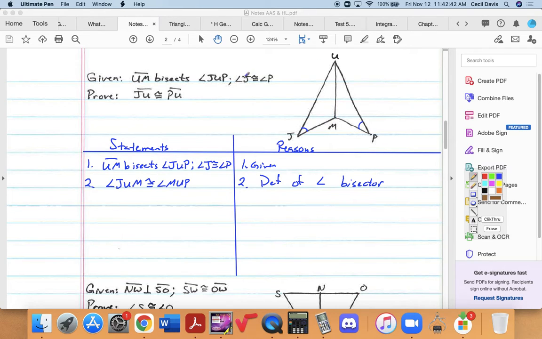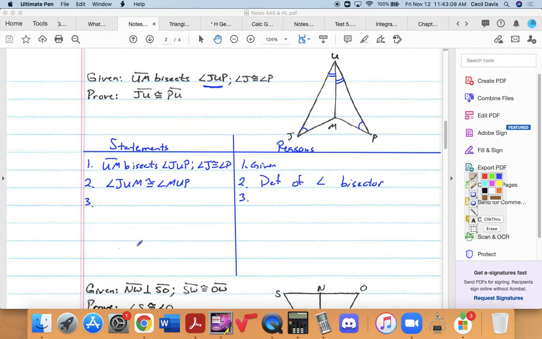So notice it said JUP, which has a vertex up here, so the two congruent angles should also have their vertices up there. Now you had a question or a thought for us? When you say UM, what do you mean?